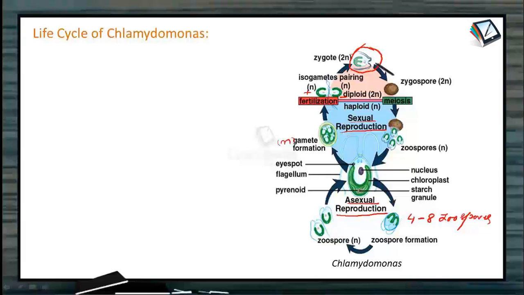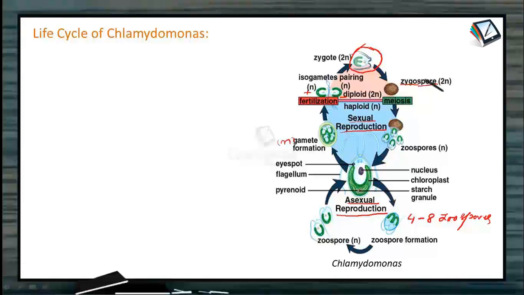This zygote produces a wall around, and in this encysted condition, it can tide over unfavorable conditions. So it undergoes a period of rest, and that is called zygospore. Spore means it should germinate, but since it is a diploid one, it is called zygospore.